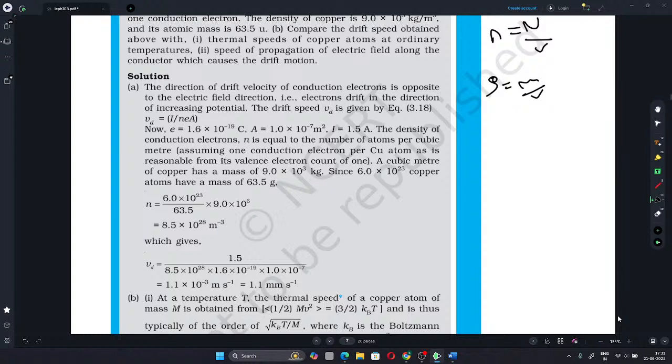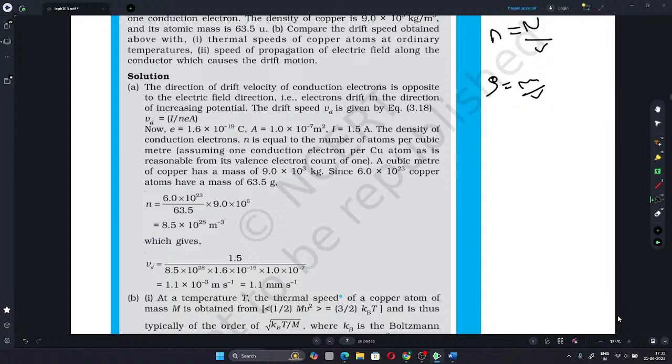Charge of electron equals 1.6 into 10 power minus 19 coulomb. Area, which they gave as 1 into 10 power minus 7 meter square. I equals 1.5 ampere. Density of conduction electrons n is equal to the number of atoms per cubic meter, assuming one conduction electron per copper atom is reasonable from its valence electron count of 1.